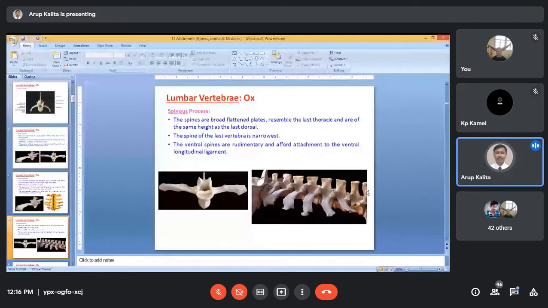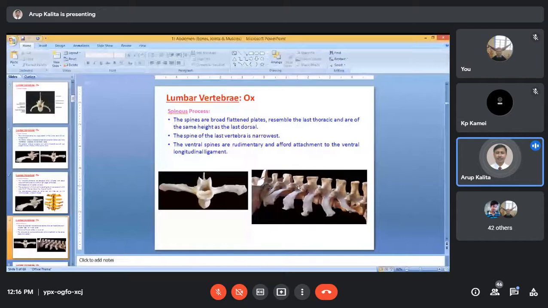The spine of the last thoracic vertebra is similar to the lumbar vertebra. The spine of the last vertebra is narrowest. So this is the last, this is narrow, otherwise it is broader.